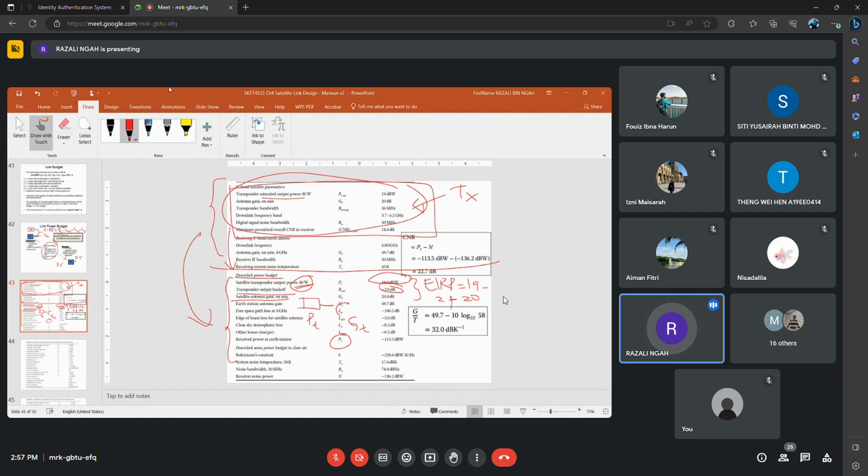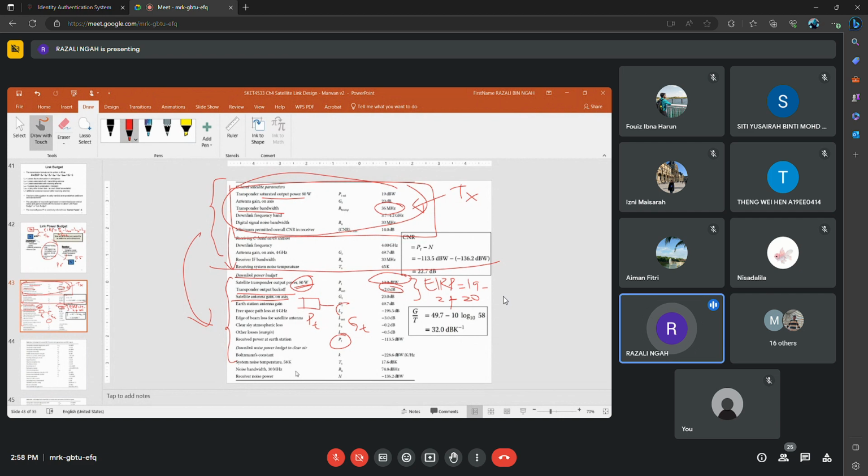Transponder bandwidth is 36 megahertz. This transponder bandwidth normally gives you the signal bandwidth, I mean the signal that we send requires 36 megahertz. This information is needed when we want to determine the noise power.